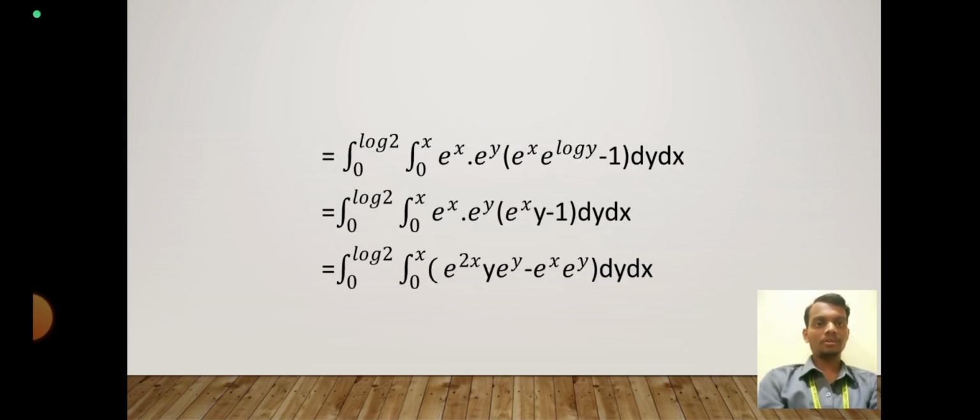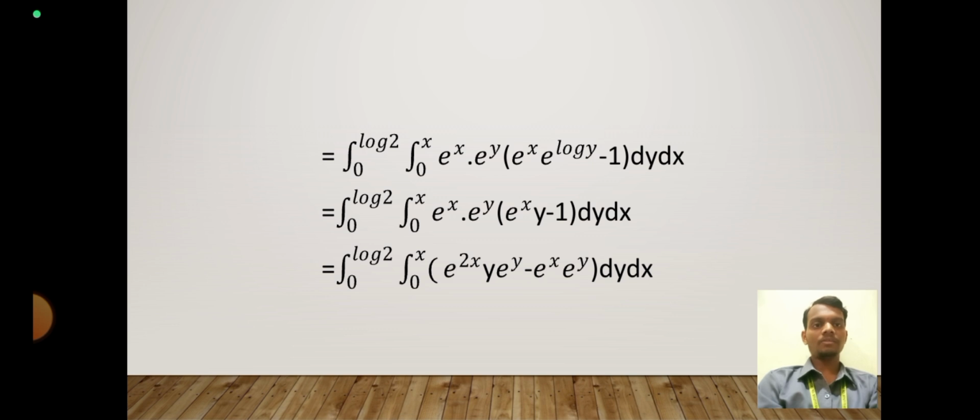Integral 0 to log 2, integral 0 to x, e power of x into e power of y, e power of x into e power of log y minus 1, dy dx. Integral 0 to log 2, integral 0 to x, e power of x into e power of y into e power of x y minus 1, dy dx. Here e power of log y is equal to y.